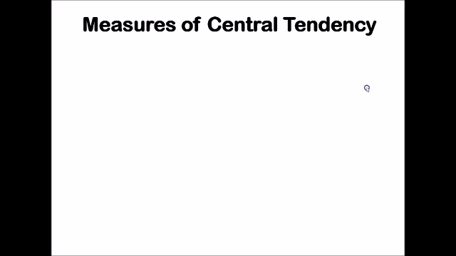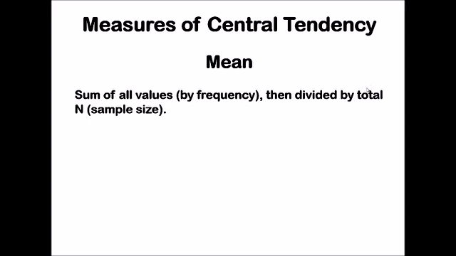Measures of central tendency. The mean first. How do we calculate the mean? Simply, we sum all the values by the frequency that they appear, and then we divide by the total n, or the total sample size. Okay, so we sum all the values by frequency and then divide by total n.